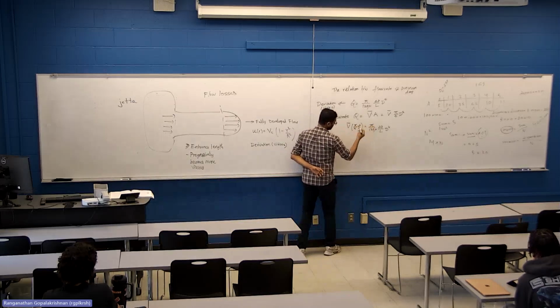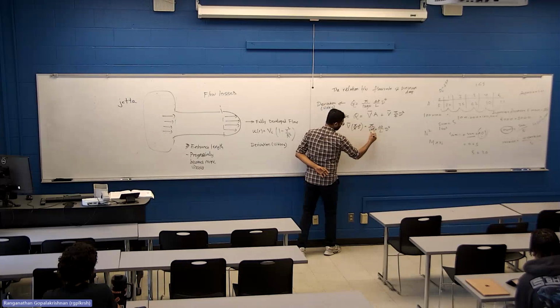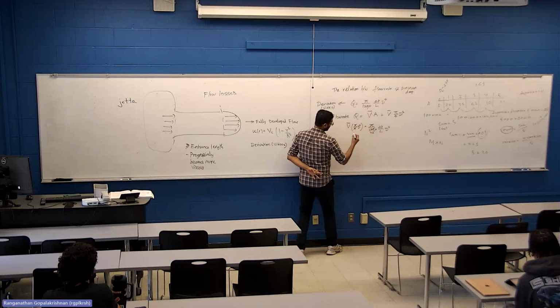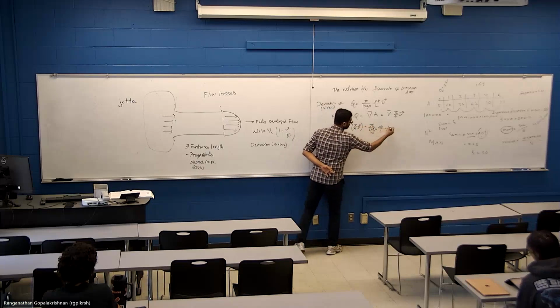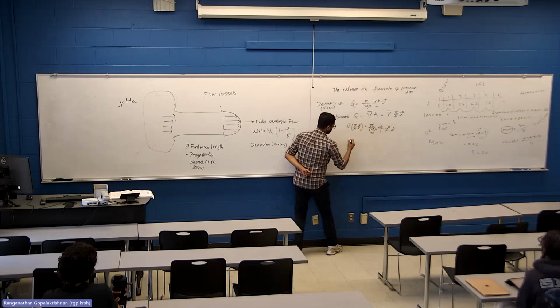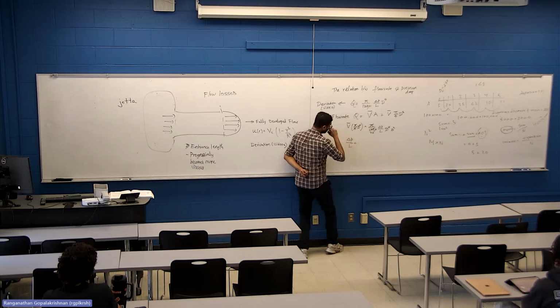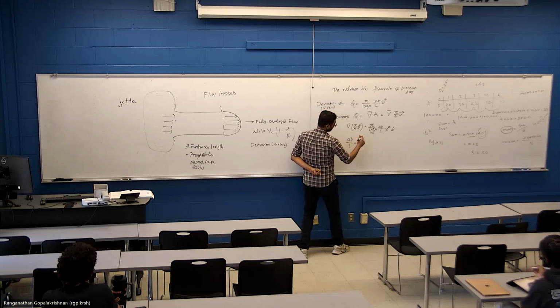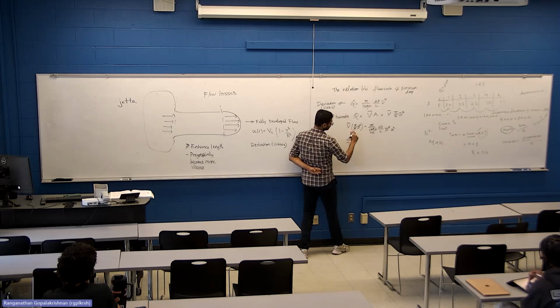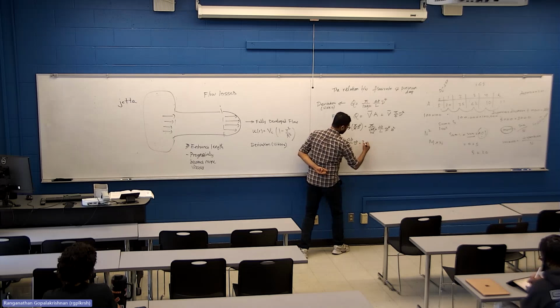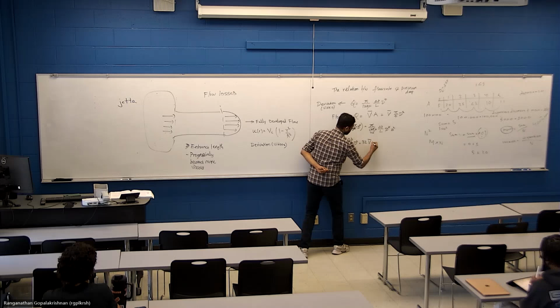So this is pi, this is 32. So we have delta P over L times d squared equal to 32 V bar times mu.